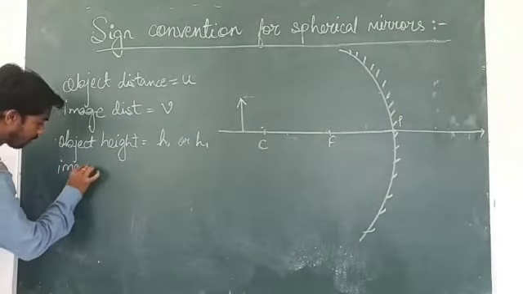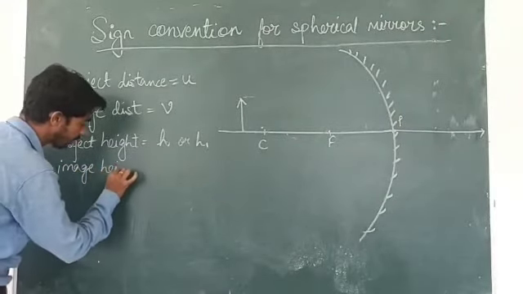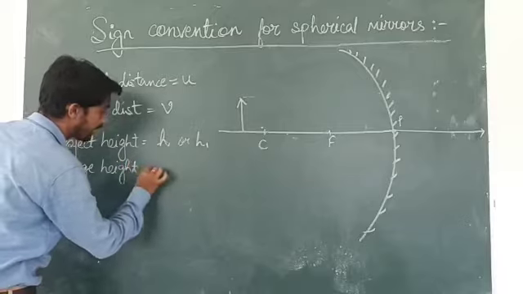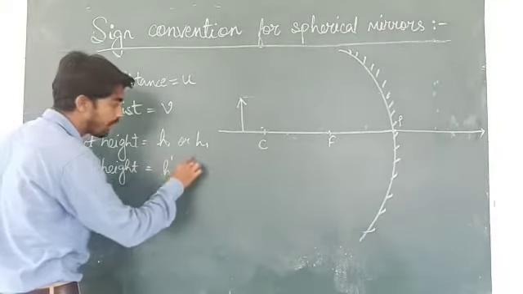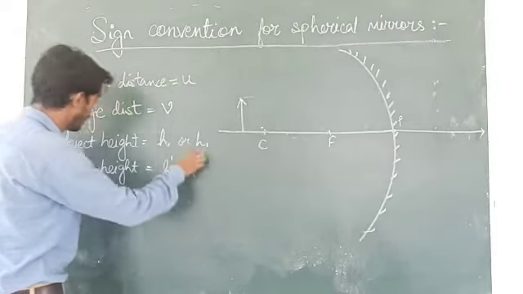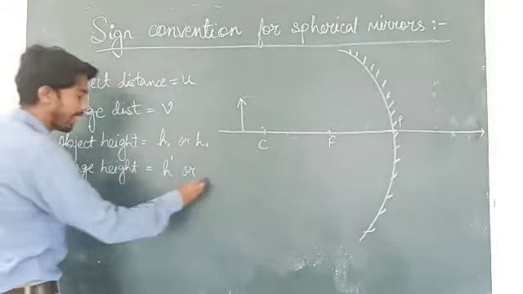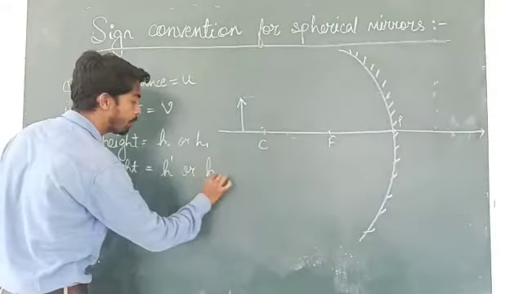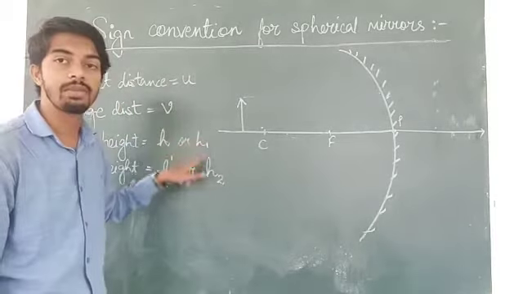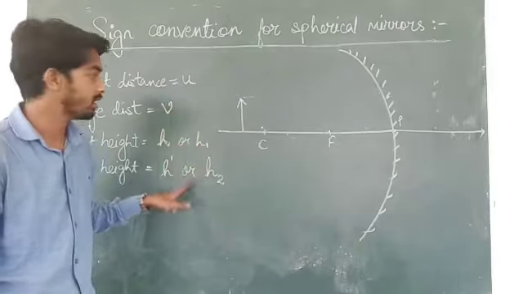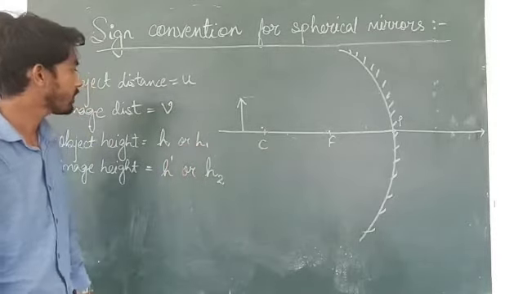Image height is used as h dash, or if someone is using h1 as object height, then for the image height it has to be taken as h2. Remember, all the symbols are in small letters. They should not be capital.